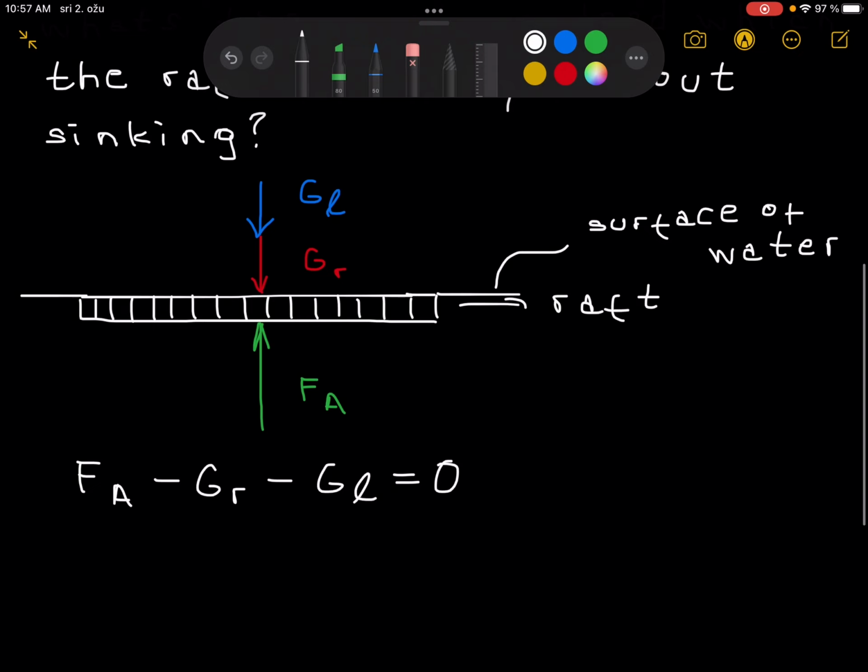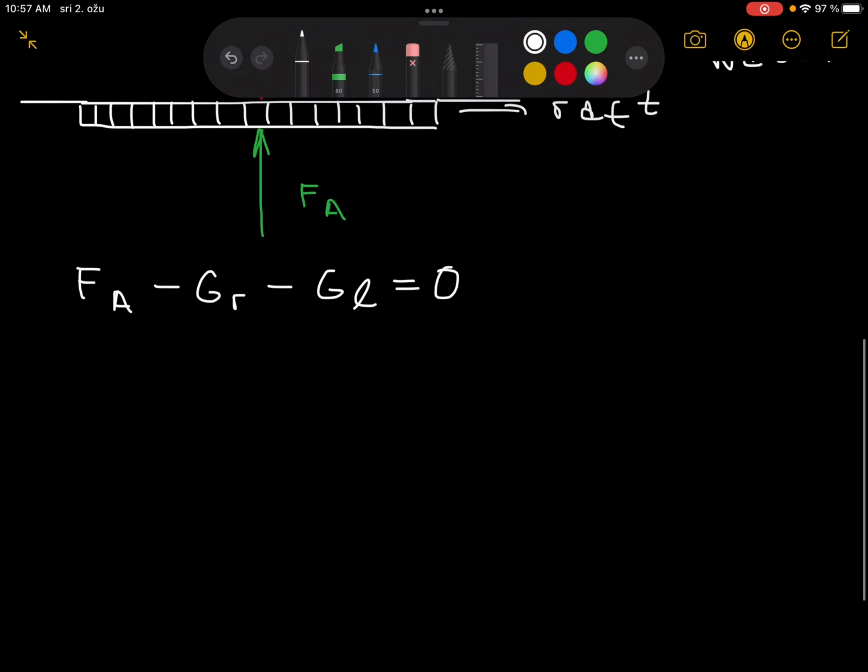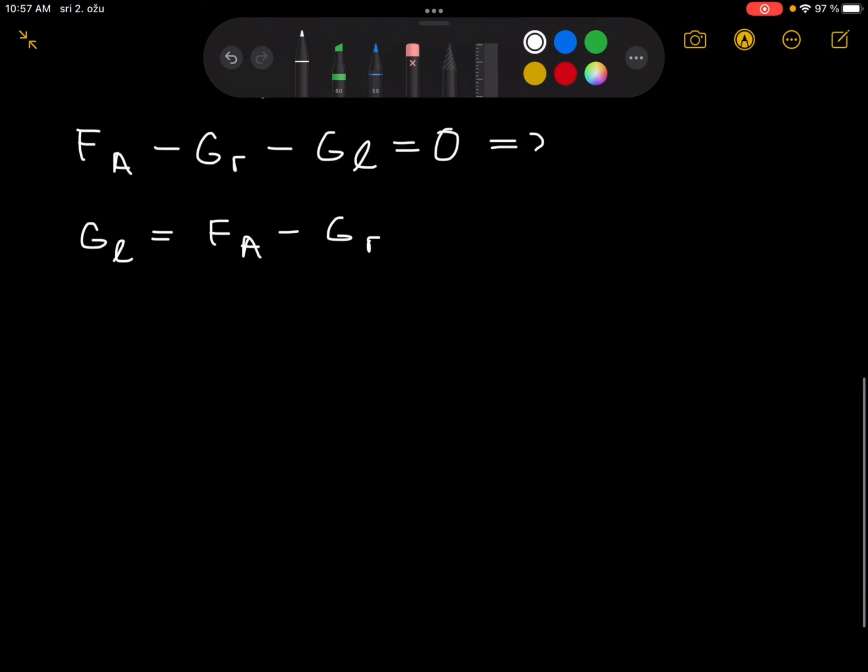And we're using minus because the weights are acting downwards. So from here, it follows that the weight of the load is equal to Archimedes' force minus the weight of the raft.